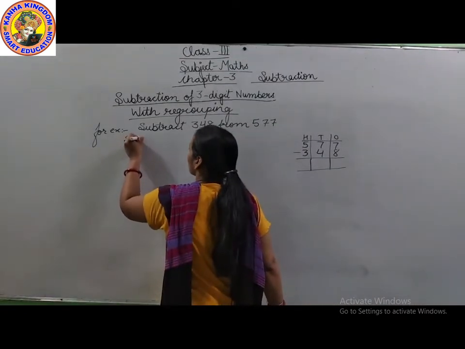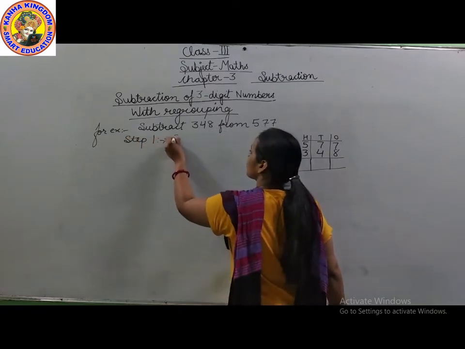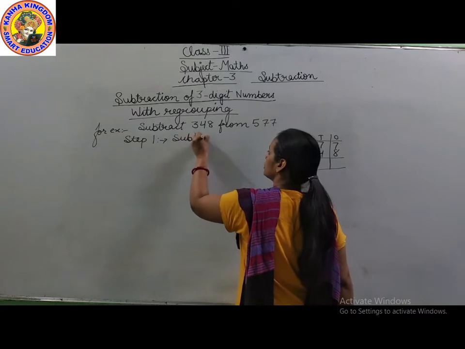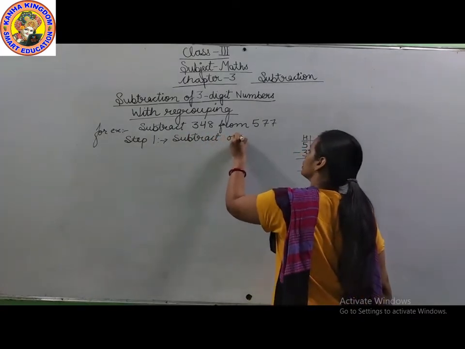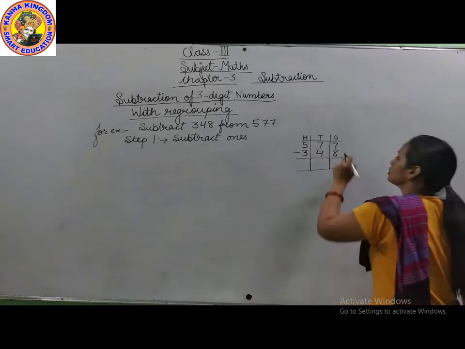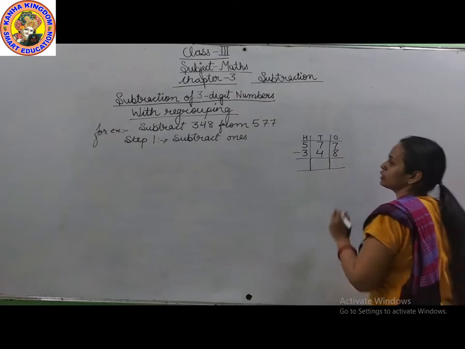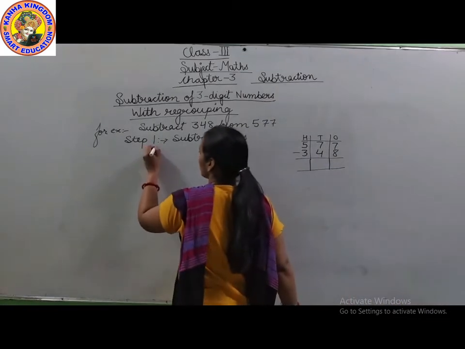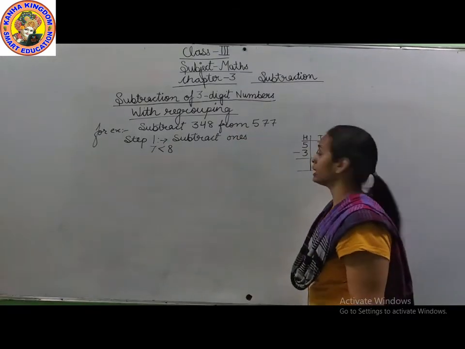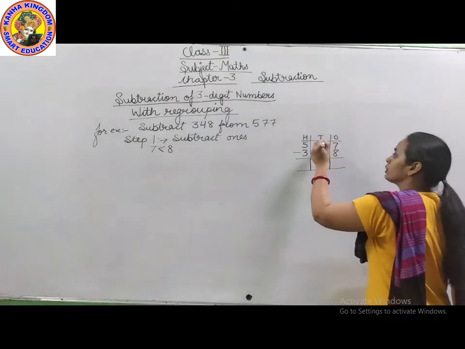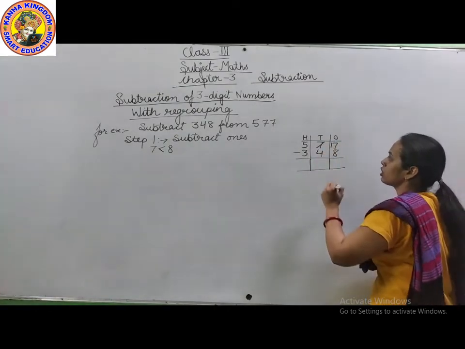Now step 1, subtract ones. Here it's 7 ones minus 8 ones. So 7 is less than 8. So borrow 1 from the tens column.